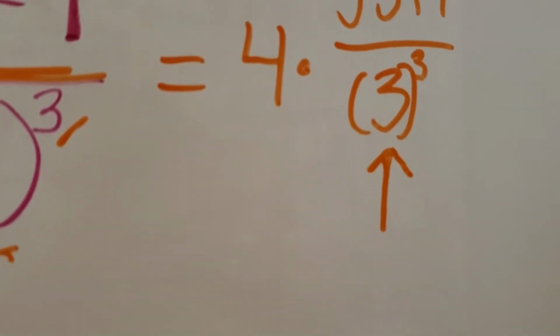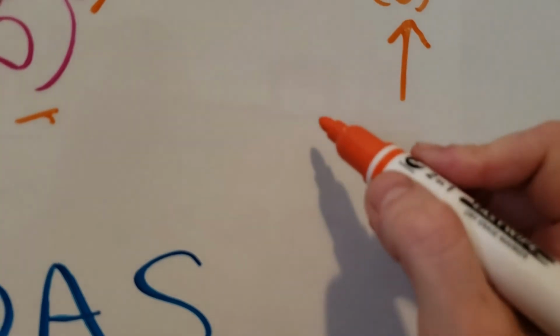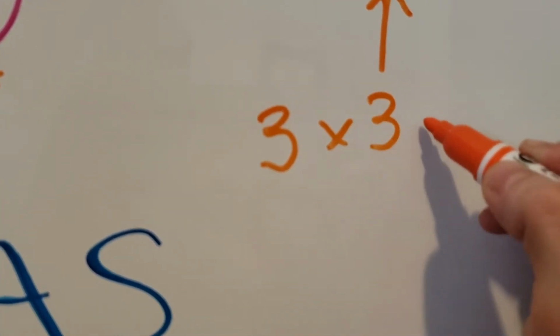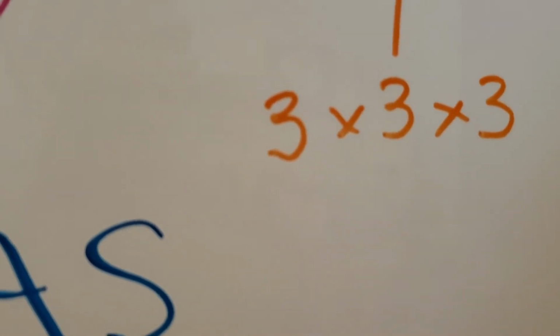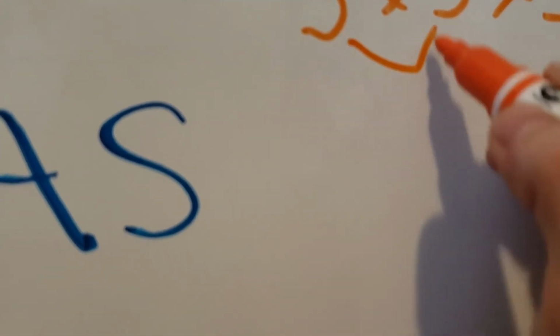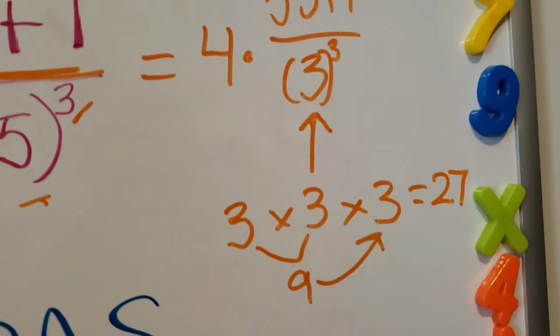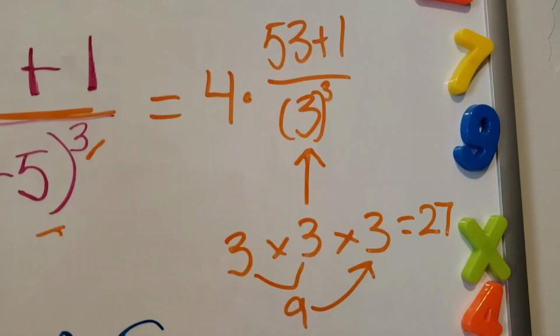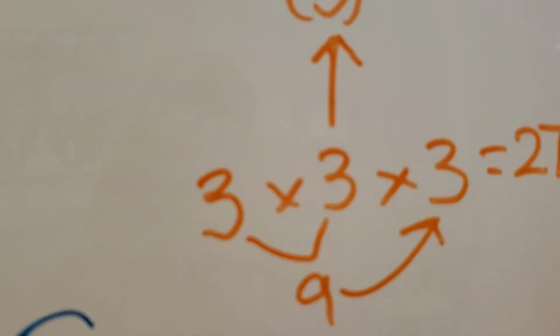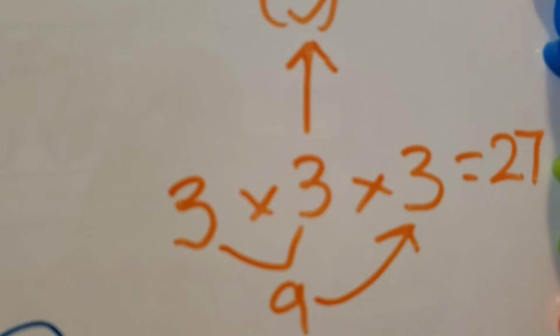And I know, because of lesson 15, that means I multiply 3 three times because it's to the third power. So 3 times 3 times 3. 3 times 3 is 9, and 9 times 3 is 27. So now I can rewrite this again, I'm running out of space here, as 4 times 53 plus 1 over 27.